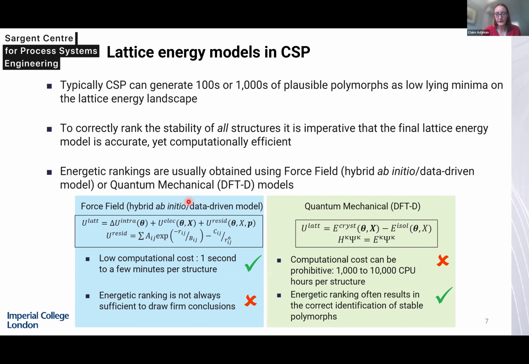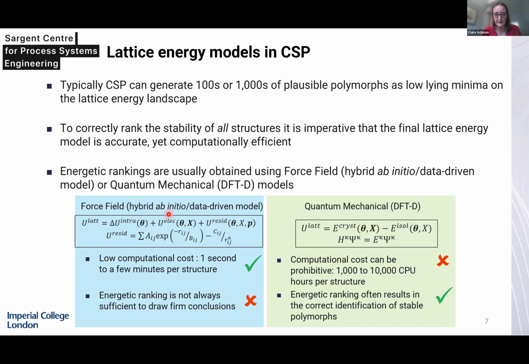Okay, so if you compare the two approaches, force fields versus the DFT-D calculations, you have a typical form of a force field here, as the one I've shown you on the previous slide, where theta denotes the isolated molecules, so the conformation of the molecule, and X denotes essentially the shape and size of the unit cell. In the case of the DFT-D calculations, this is really all mixed up together.